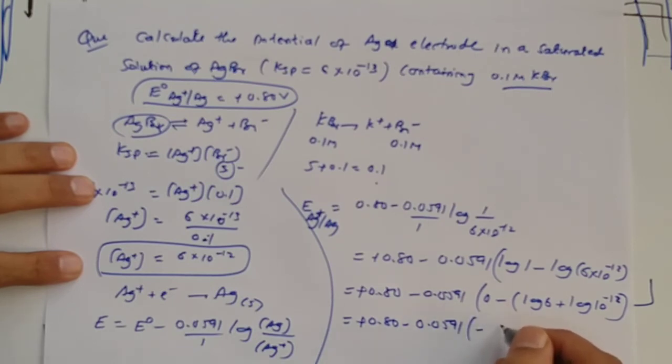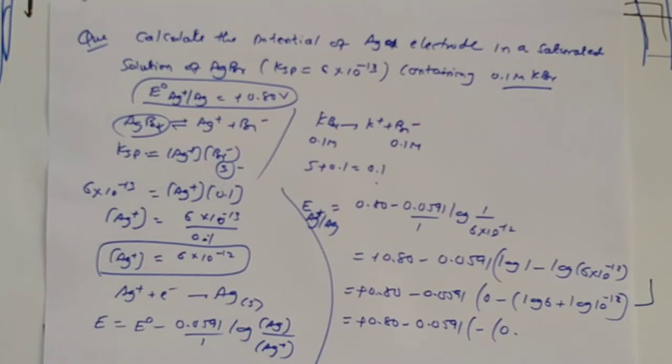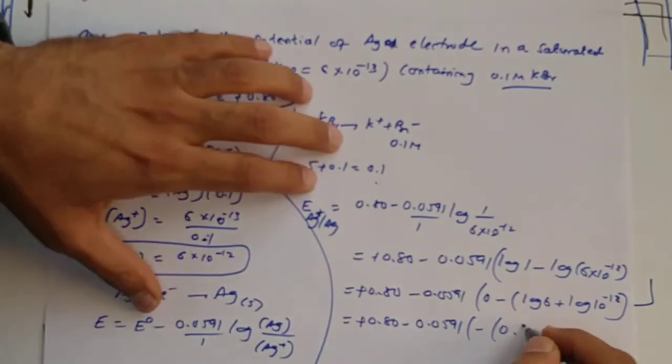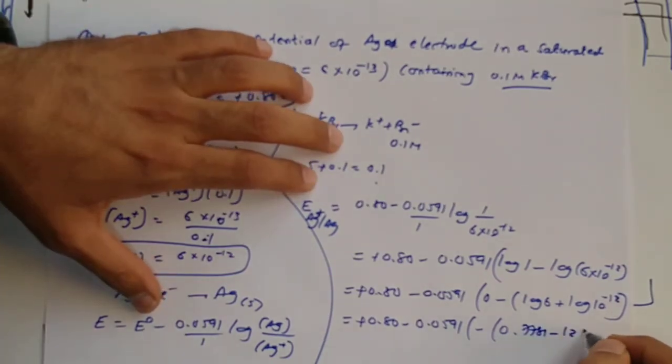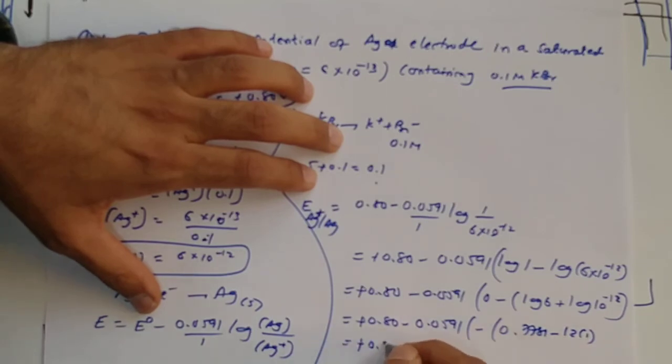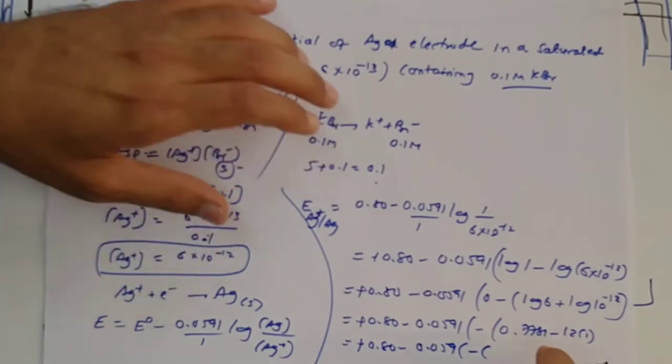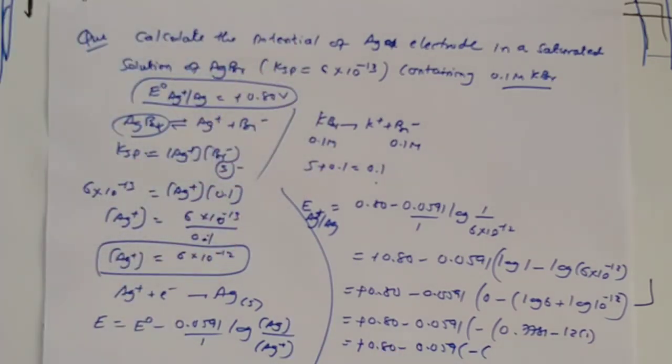The value of log 6 is 0.7781, here minus 12, so 12 minus 0.7781 gives 11.22.